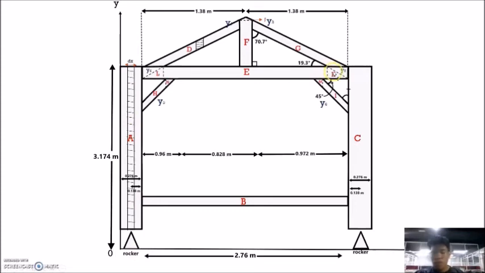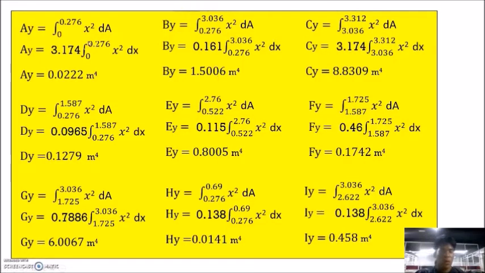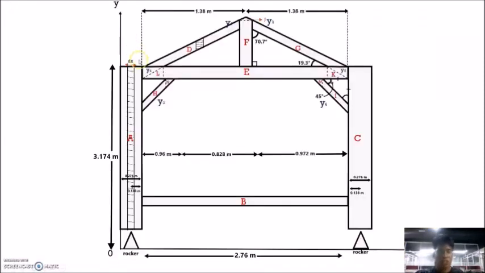From there we can input it into the formula, where we know that delta A is equivalent to 3.174 times delta x. When we substitute it, we get 3.174 integrated from 0 to 0.276, because we want to find the integration from this point here to this point here, which has a length of 0.276, because the frame of reference starts from here, which is 0, so to here is 0.276.